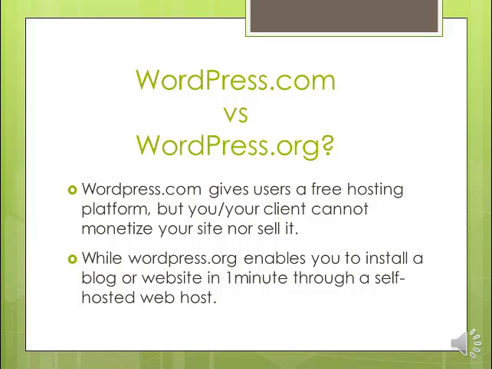So there are two different things. We have wordpress.com and wordpress.org. If you want to design websites for your client, we'll be using wordpress.org, and shortly I'll be showing you how you can install the WordPress software in your server.